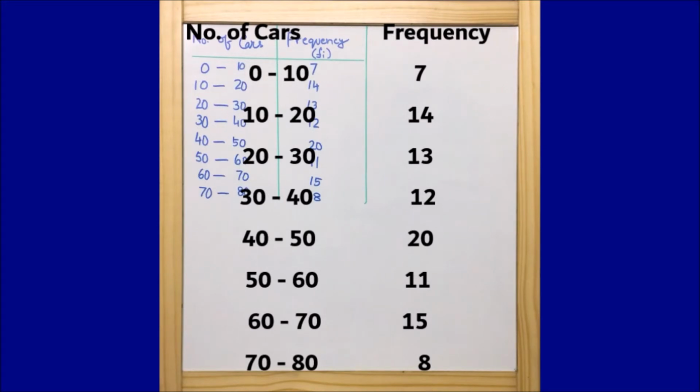So number of cars 0 to 10 is 7, 10 to 20 is 14, 20 to 30 is 13, 30 to 40 is 12, 40 to 50 is 20, 50 to 60 is 11, 60 to 70 is 15, and 70 to 80 is 8.